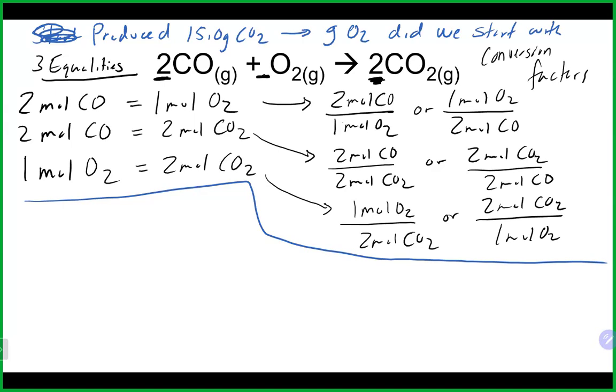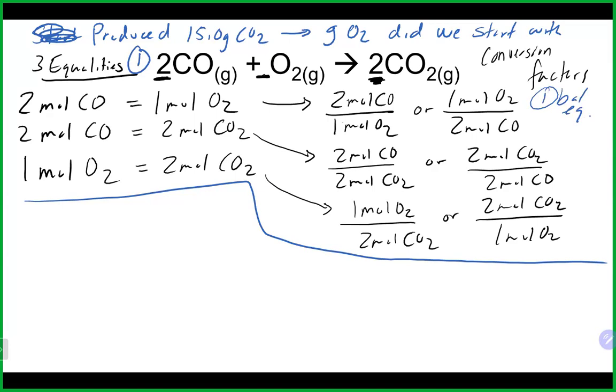As soon as you have a question like that, the first thing you think of is stoichiometry, and then you should think of those 4 steps. First step is balance the equation, which is already done for us.